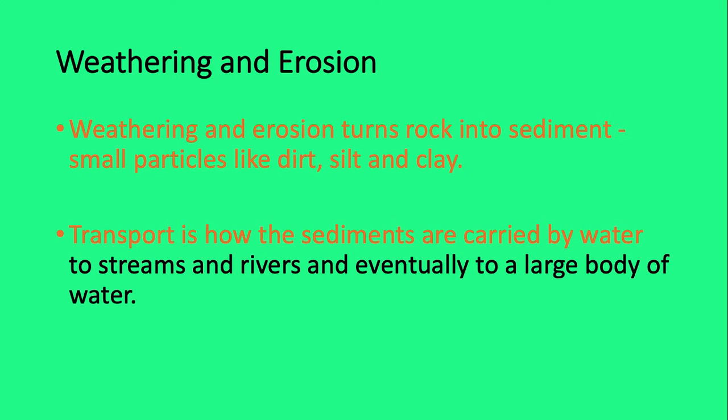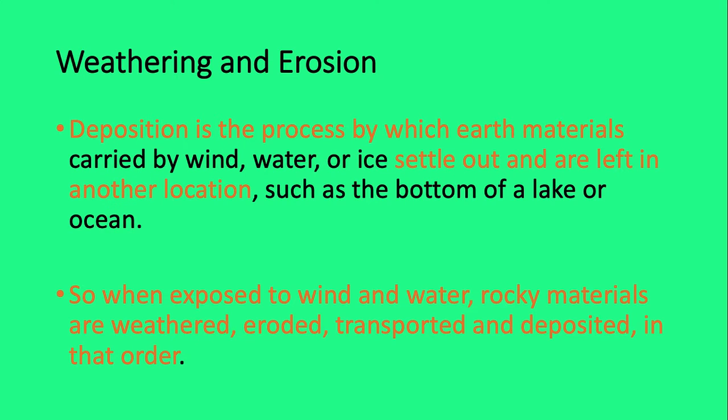Weathering and erosion turns rock into sediment. Sediment is small particles like dirt, silt, and clay. Transport is how the sediments are carried by water to streams and rivers and eventually to a large body of water. Deposition is the process by which earth materials carried by wind, water, or ice settle out and are left in another location, such as the bottom of a lake or ocean.